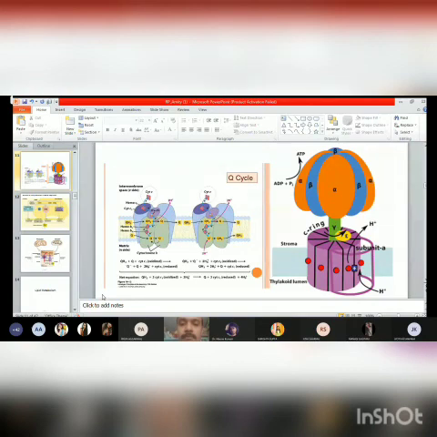It takes up one single electron and becomes a superoxide radical. In the next step, when one more reduced ubiquinone comes from complex 1 or 2, this radical takes up the protons from the matrix, and it pumps out the protons to the intermembrane space. So this is how proton pumping works.